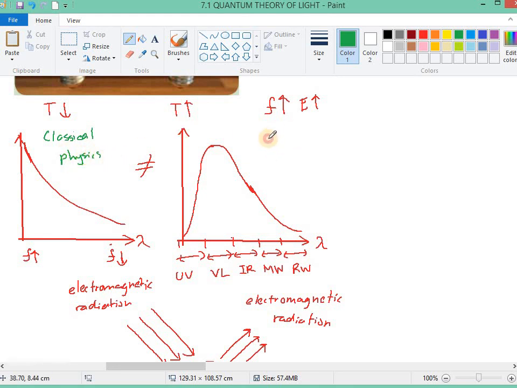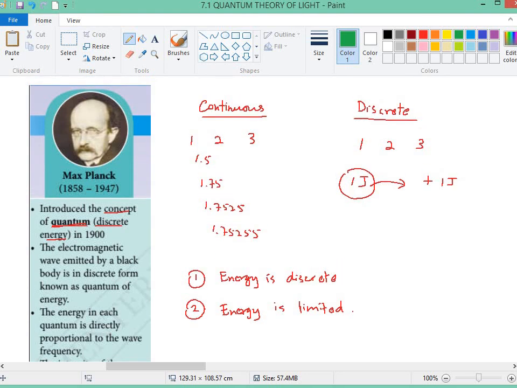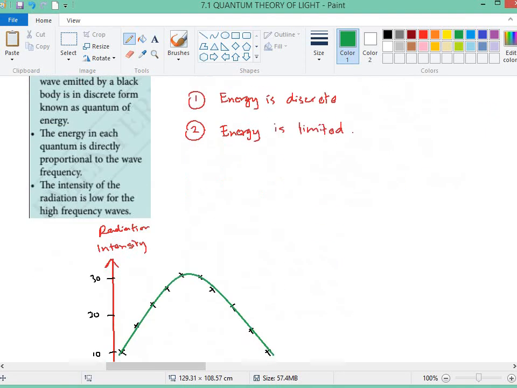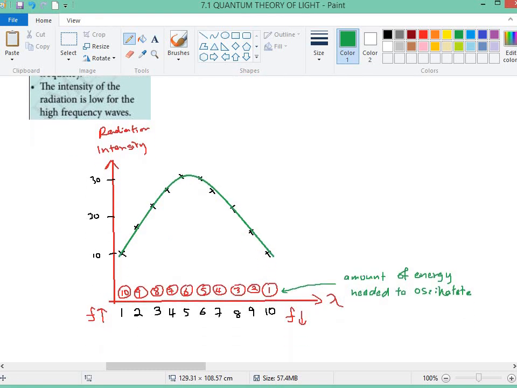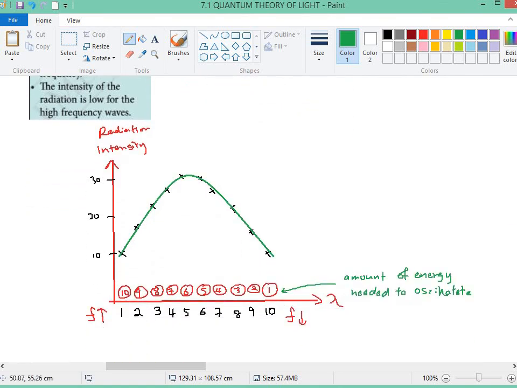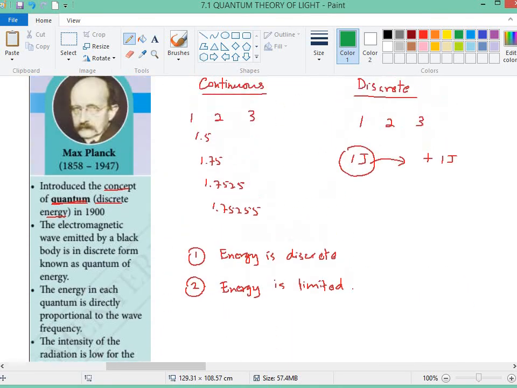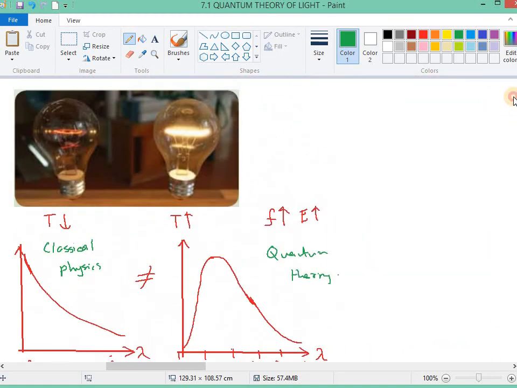This is from quantum theory. Quantum theory can explain it exactly. Through mathematical means, Max Planck calculated and predicted the shape of the graph based on his idea where energy is discrete and limited. He got exactly the same graph as the one they get by measuring the radiation that comes out from a hot object.